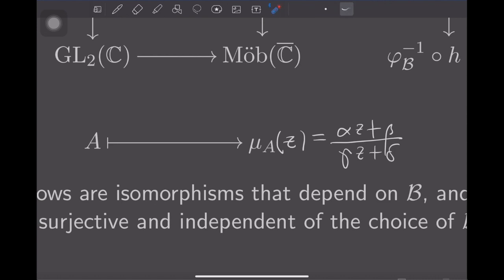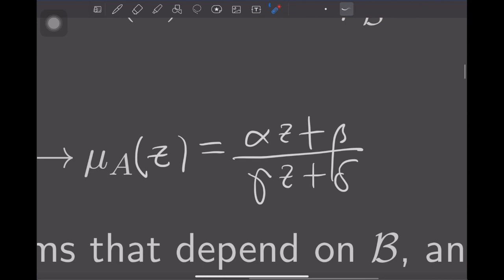Something that should be realized automatically is that if I multiply alpha with any non-zero complex number lambda, let me do it always on the right, what I obtain is lambda here, lambda here, and so the lambda cancels, right? So mu of lambda A of z is equal to mu of A of z.